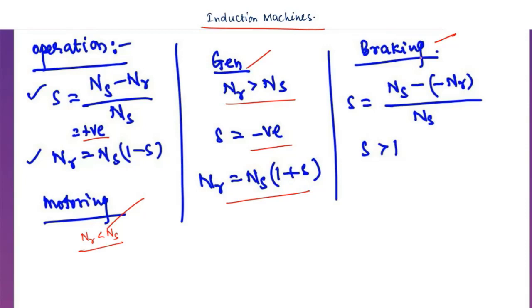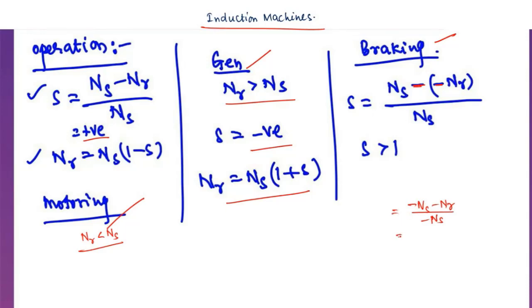And in braking mode, we will reverse the supply phase sequence. Therefore, the rotating magnetic field of the stator will reverse, but the rotor still rotates in the forward direction, maybe clockwise. That's the reason we take it as minus ns minus nr divided by minus ns, because whenever you reverse the phase sequence, the rotating magnetic field direction also changes.